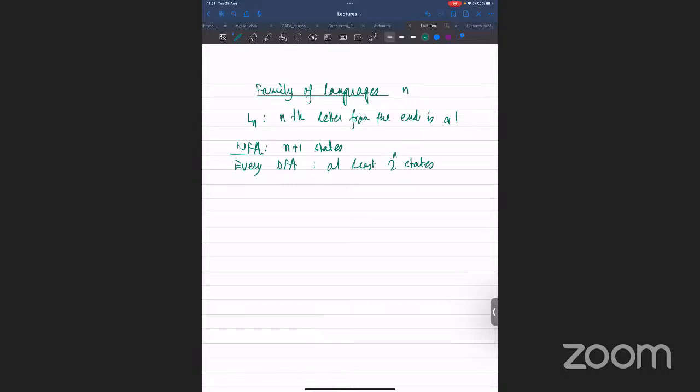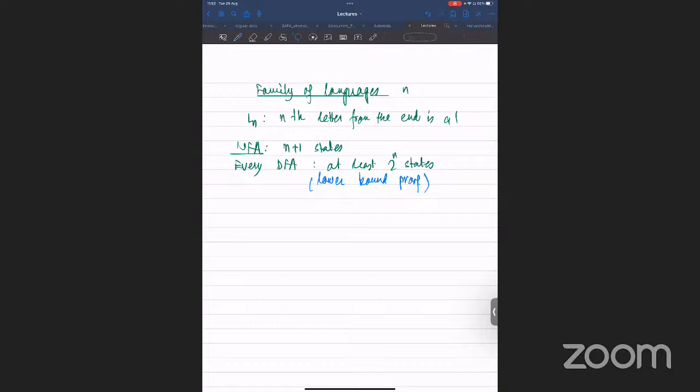So this is a lower bound proof. You might have seen similar things in comparison sort, where you need at least n log n comparisons. It's a very similar kind of thing, just that instead of an algorithms course, we are studying it in the automata course.